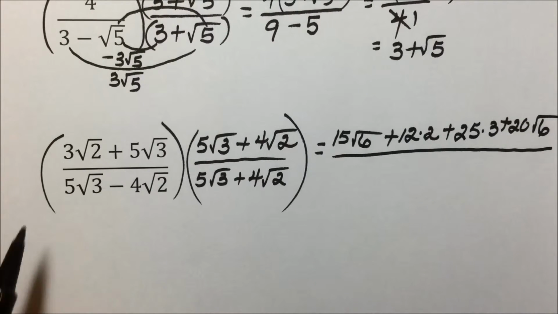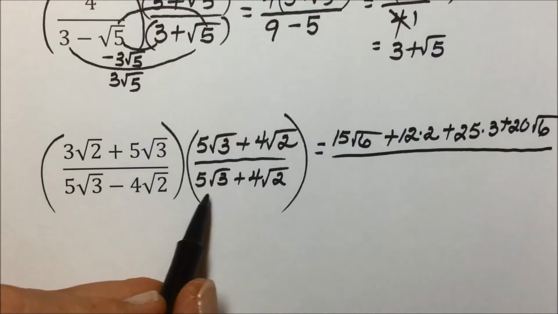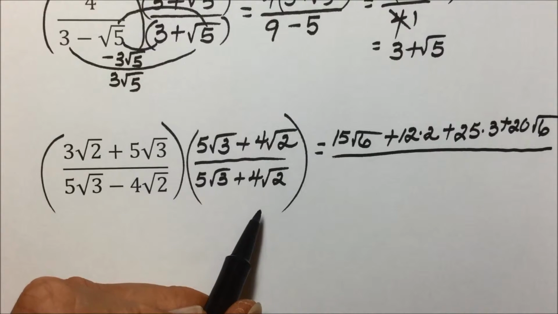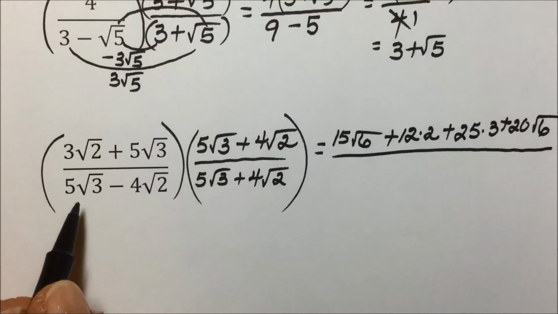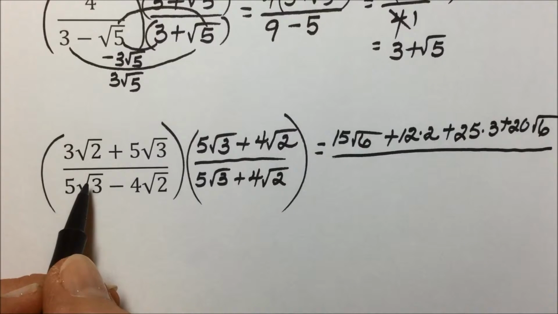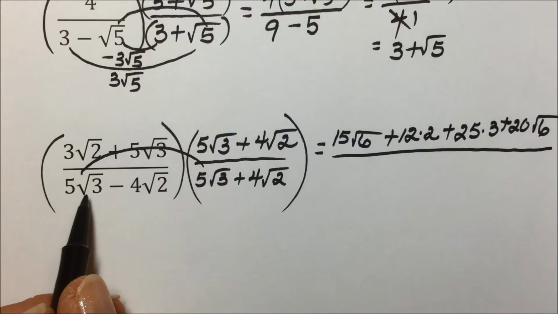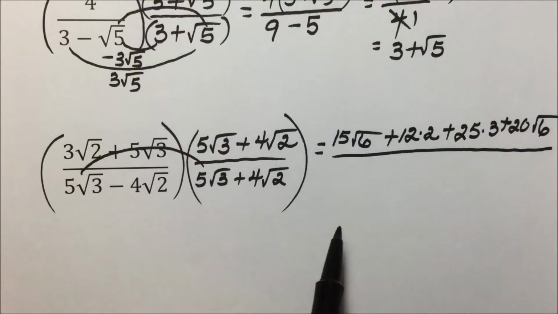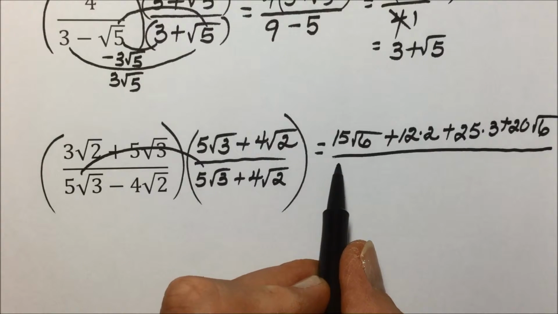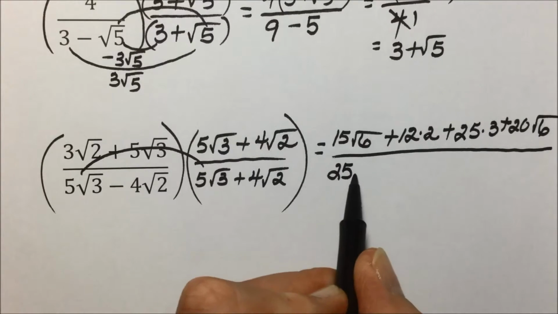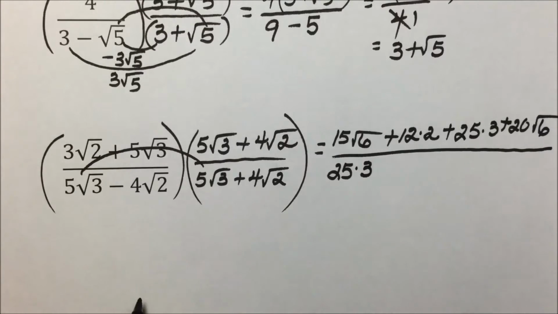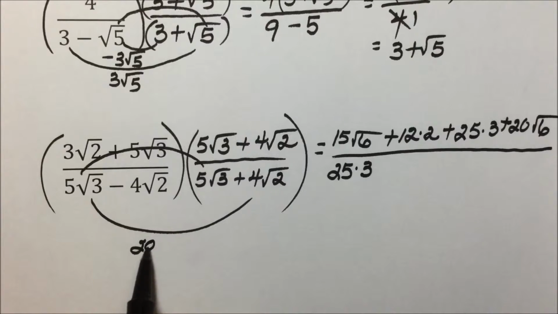The denominator, we have a difference of squares as a result of multiplying the conjugates together, but just to show that that is the case, multiply our first terms together. 5 square root of 3 times 5 square root of 3. Well, the 5 times 5 is 25. Square root of 3 times square root of 3 is 3. Our outside term would give us a 20 square root of 6 when we multiply.